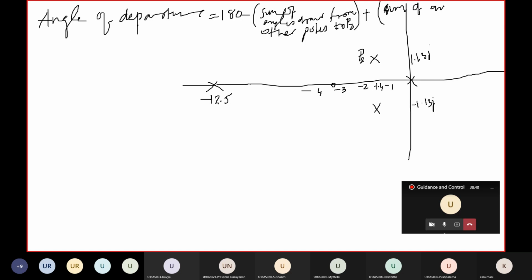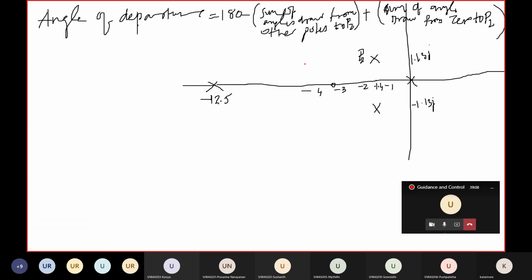Sum of angles drawn from zero to complex pole P2. So here this is the complex pole P2. I am just finding the angle of departure for this complex pole P2. You draw a vector line from other poles.